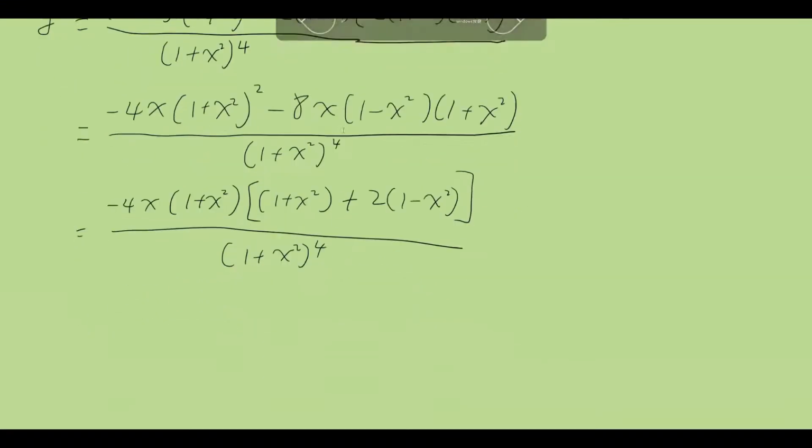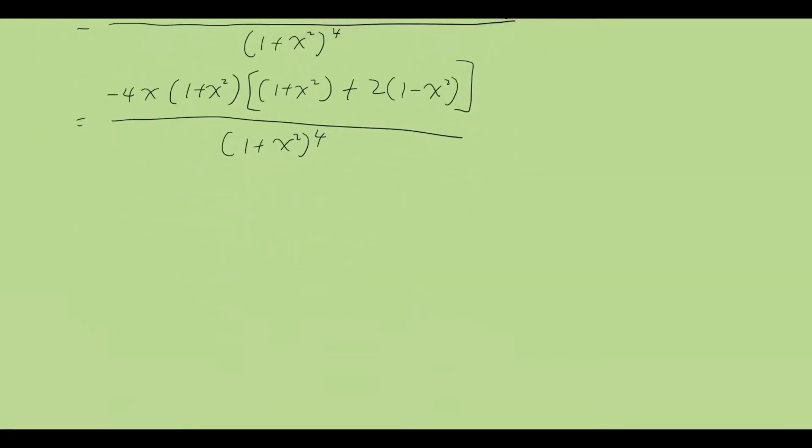Now you'll see that we actually can reduce 1 plus x squared with one of the 1 plus x squared in the denominator. So leaving us to the power of 3 in the denominator, and in the numerator we'll have negative 4x. Multiply this out, that will give you a 3, and then x squared minus 2x squared. That'll be minus x squared, so 3 minus x squared, over 1 plus x squared to the third power.